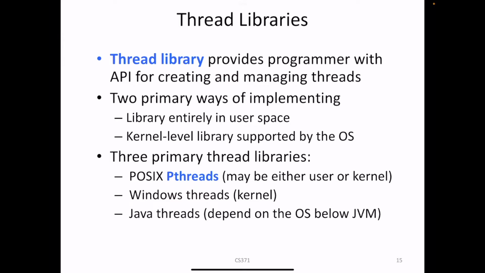Since the Java Virtual Machine is supported by different operating systems, it can be implemented either at user level or kernel level. So in this course, since we will use the Linux programming environment, we will further study the POSIX Pthread library.